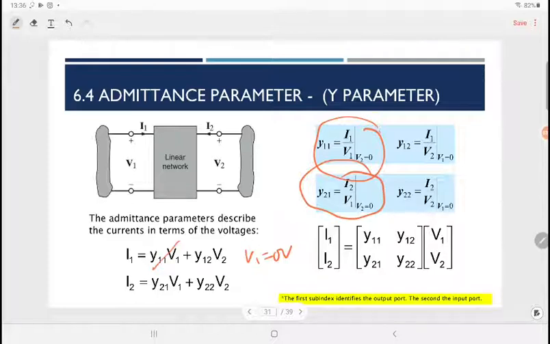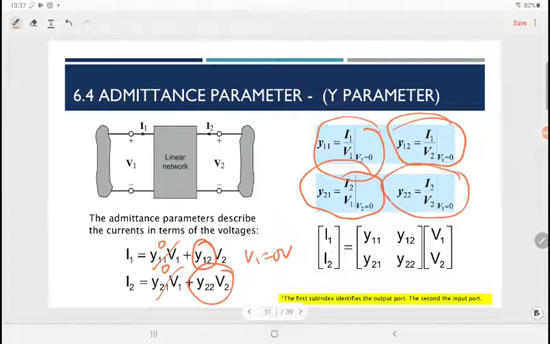So when V1 equals 0, Y12 is I1 divided by V2 when your V1 is equal to 0. And then Y22 is I2 divided by V2 when your V1 is equal to 0. So by elaborating the matrix equation for this admittance parameter, we can find all those values of the Y parameter.